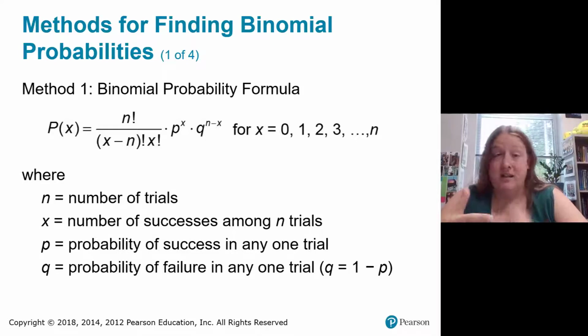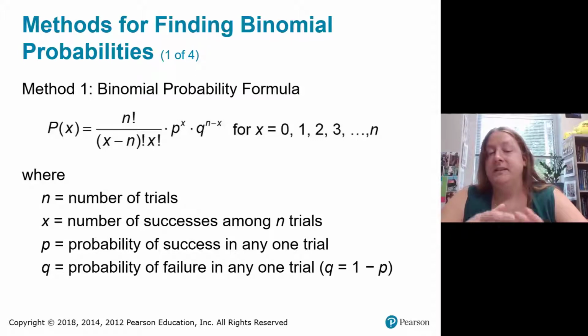There's actually even a typo in this formula in the way it is here. So the formula should read that the probability of x equals n factorial divided by the quantity n minus x, not x minus n, factorial times x factorial times p to the x times q to the n minus x, and x should be able to be any value between 0 and n.